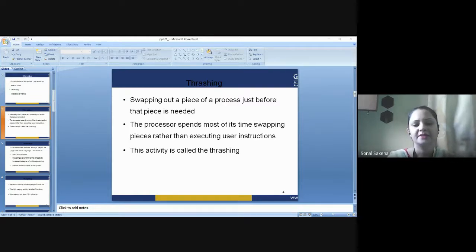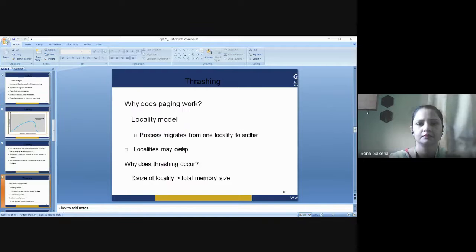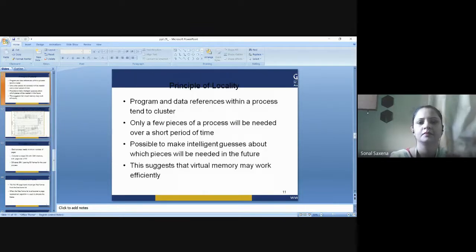So, in virtual memory systems, thrashing may be caused by programs or workloads that present insufficient locality of reference. Right. Now, what is locality of reference? Let us understand. The program and data references within a process tend to cluster.